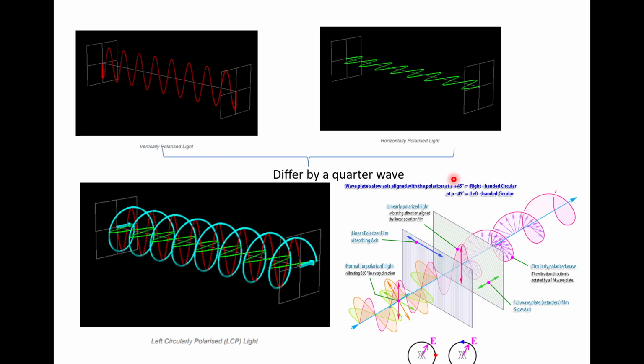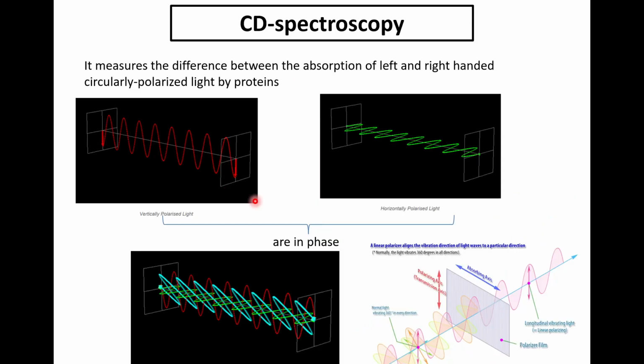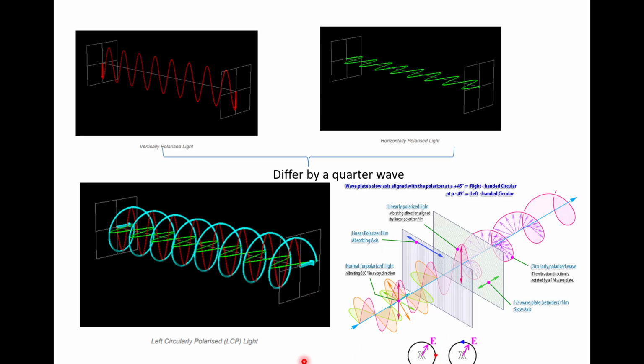Now, if you consider what will be the resultant of these two waves, it will not be in a straight line like you have seen for this kind of linearly polarized light. So here what will happen is that your light will be moving in a helix, because these two waves are not in phase with one another.